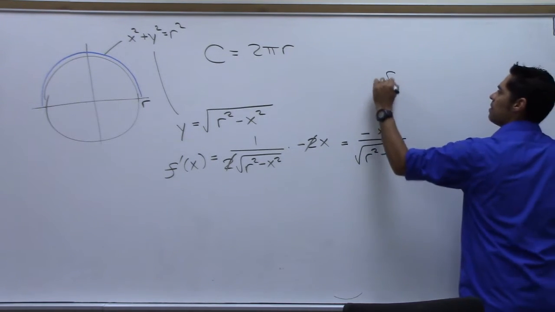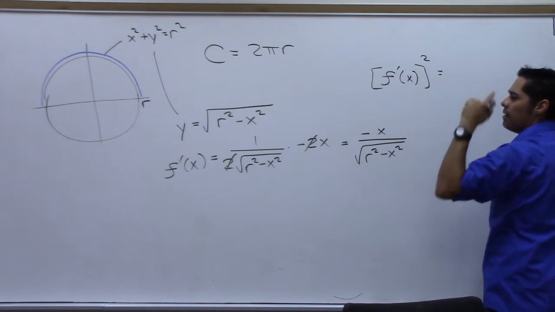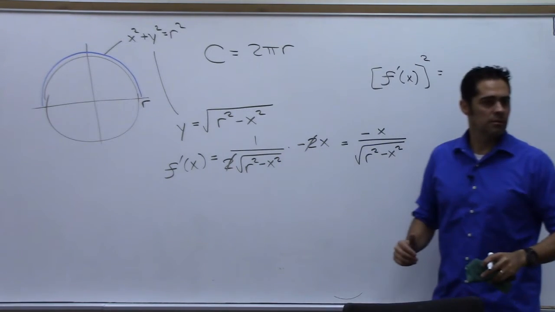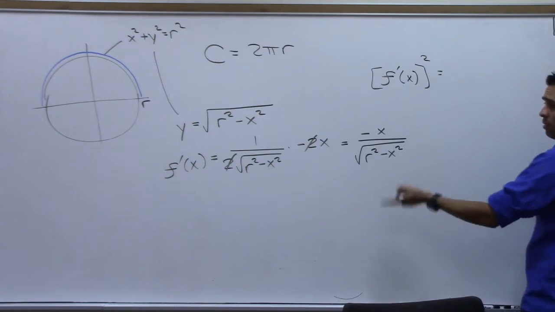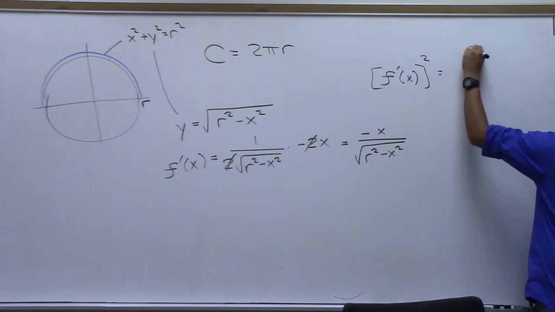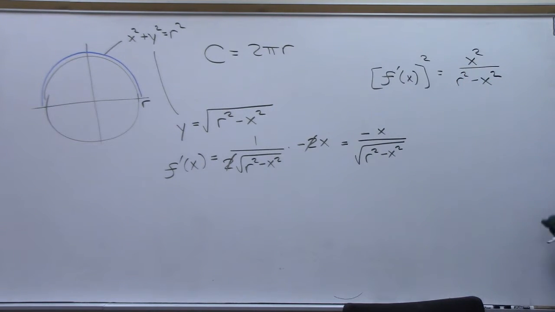So if I take this, what I'm wondering right now is, can we prove that the circumference of a circle is 2 pi r? All right, we're about to see if we can. Square top and bottom: x squared over r squared minus x squared. That's the derivative squared.